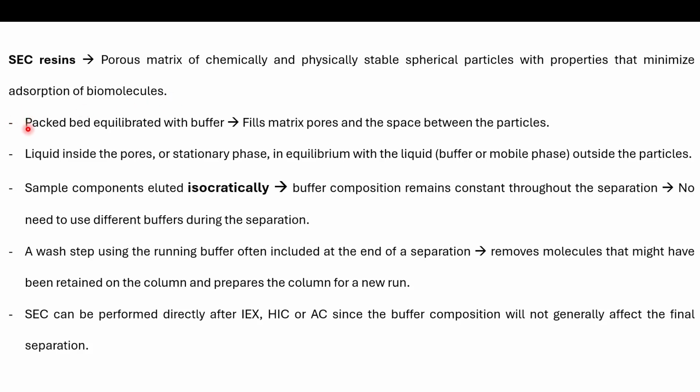Okay, so what happens is it is a packed bed equilibrated with an appropriate buffer, and this buffer is ideally the same one in which your sample is present. But the very first thing, as we looked at in the previous chromatography techniques, you have to first wash the resin or column, whatever chromatographic column you have to use.